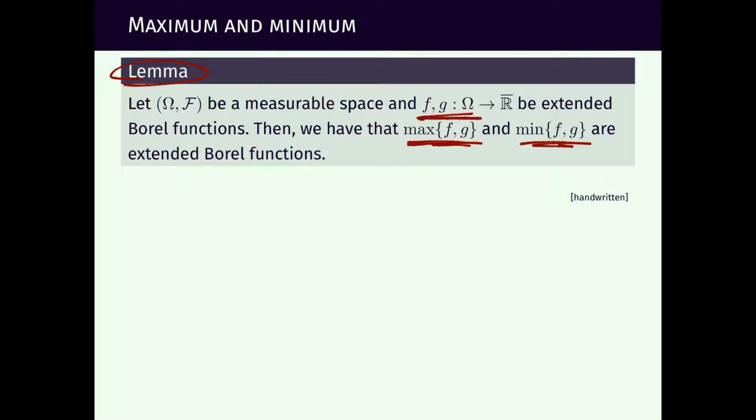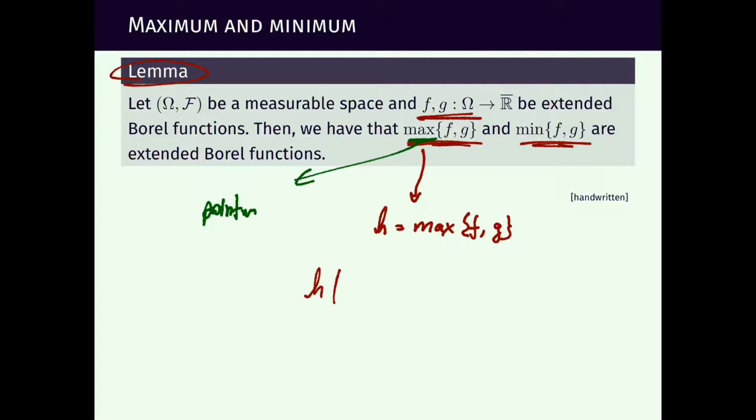What does it mean, the maximum of a function? Well, we define h as the maximum of f and g. That means simply that for each omega, so this maximum here is taken pointwise. Pointwise means for each point. What is a point? A point is omega.